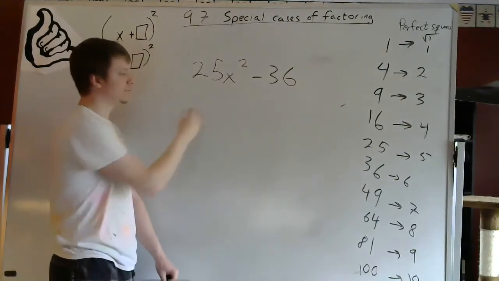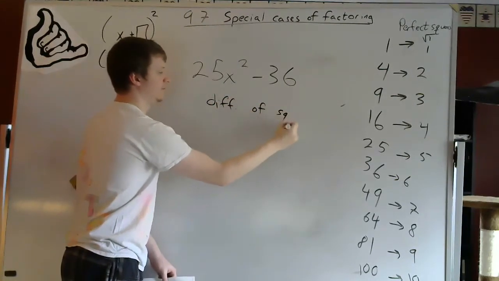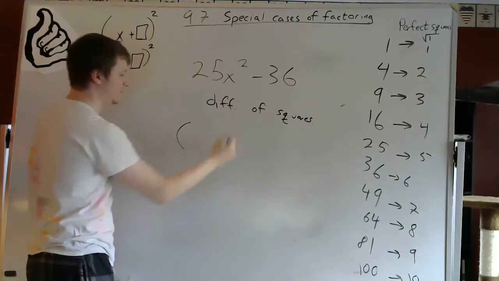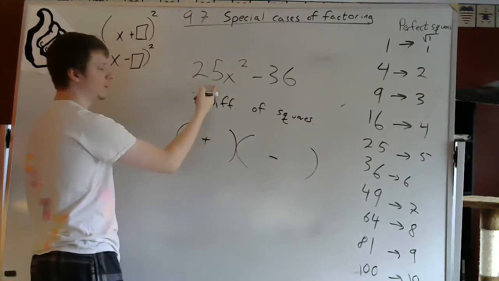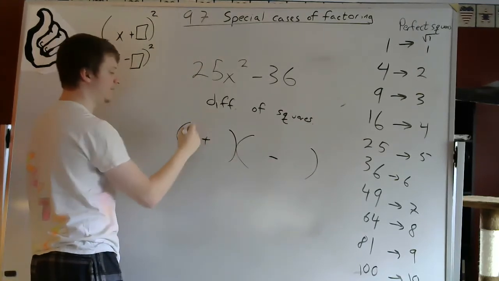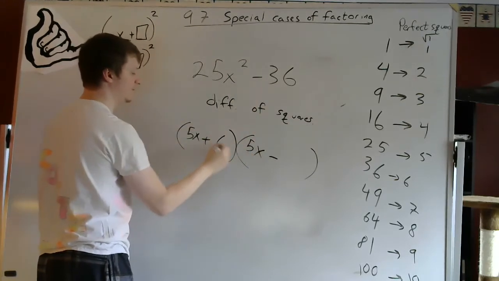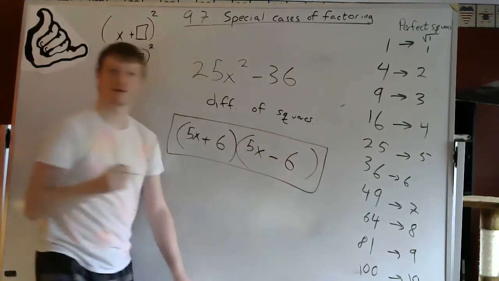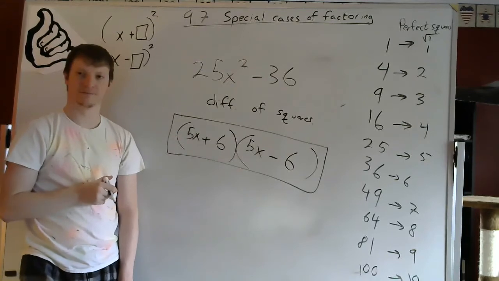This is just the difference of squares, and it will always have an answer that is the plus and minus of their square roots. So the square root here is 5x, and the square root here is 6. We're done. Didn't have to go through a whole lot.